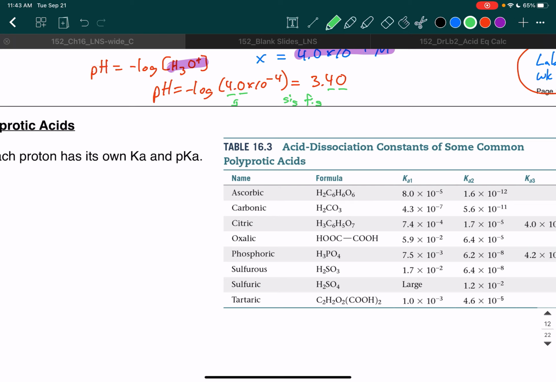If you go back to chapter 2 in the textbook, there's a rule for addition and subtraction, a separate rule for multiplication and division, and another rule for logs and natural logs, and that's it. The number of digits in our scientific notation expression is the number of significant figures in our concentration.